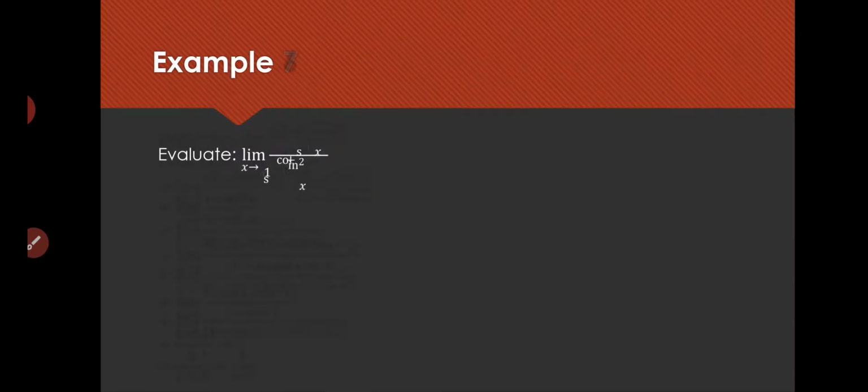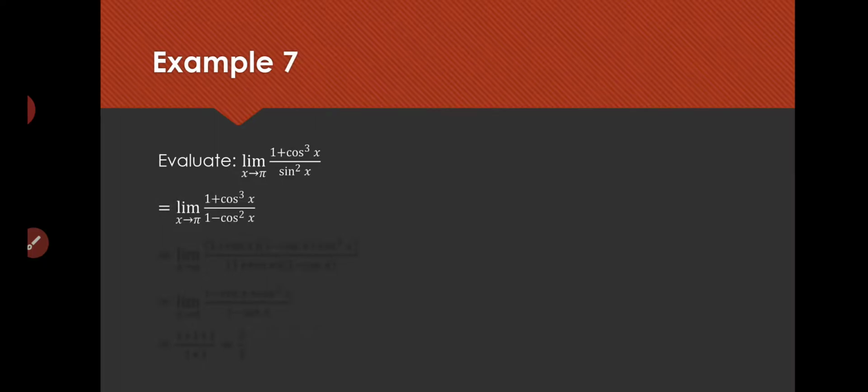Number 7, limit of (1 plus cos cube x) by sin square x. Here I can write the denominator sin square x as 1 minus cos square x. Fine.